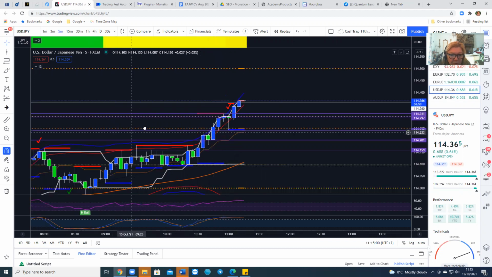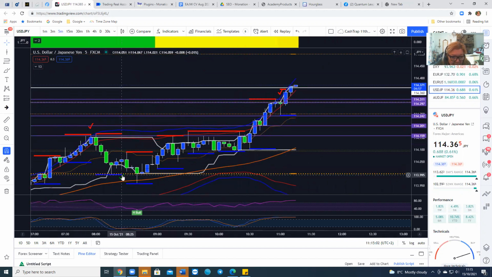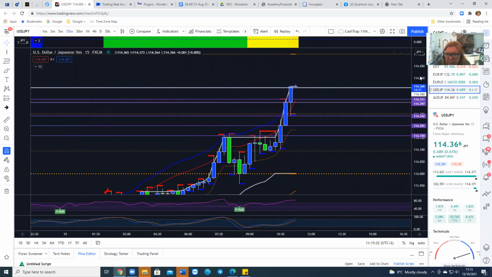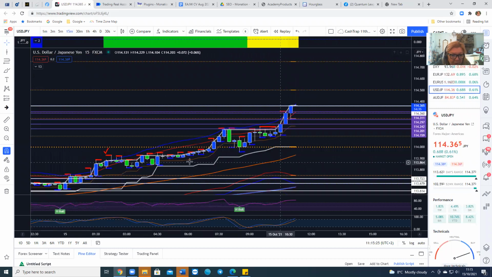So the strong pivots, like this green tick, show you where it's giving you a higher low. So there's a red tick, and what happens after is it starts to drop, and that's because it's saying that new lows are being formed. But what we've got here is H bull, standing for hidden bull, which means directional trend is still up.